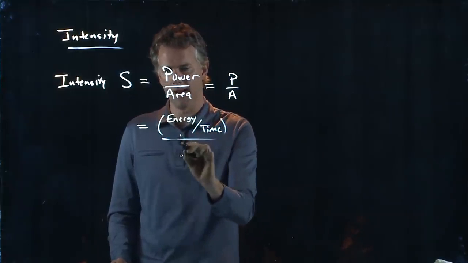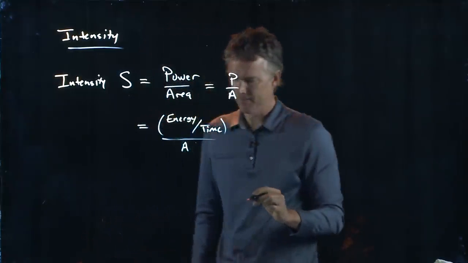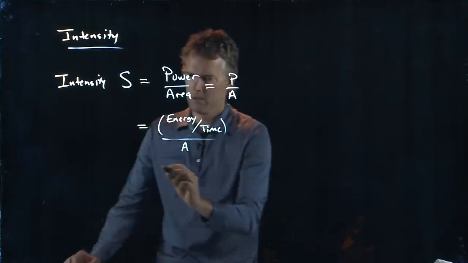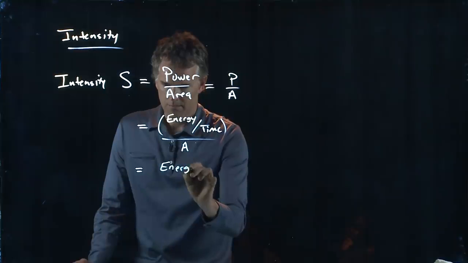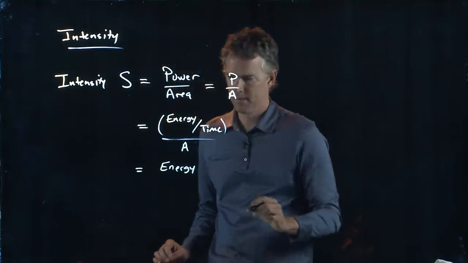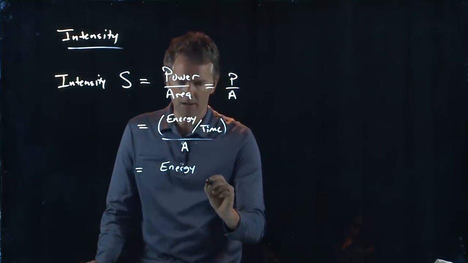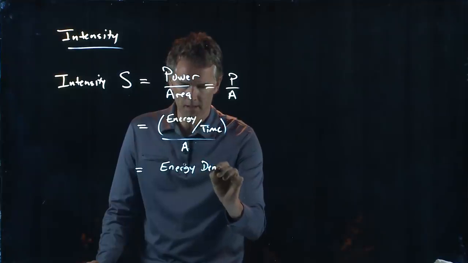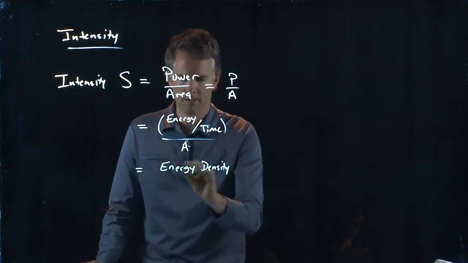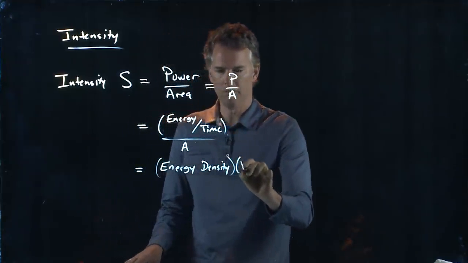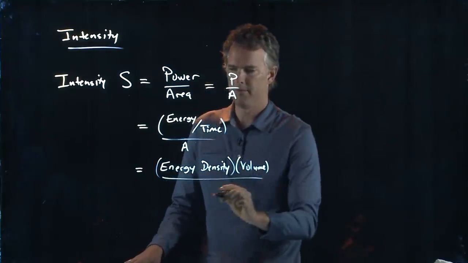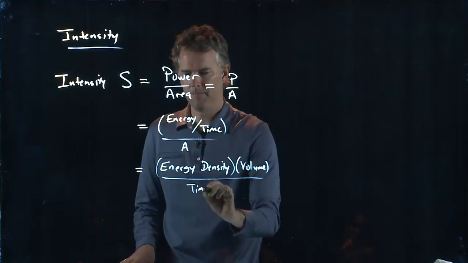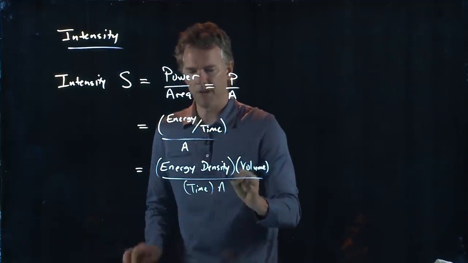And we're going to divide that by area A. Okay. Energy per time is the same as energy density times volume divided by time times area A.